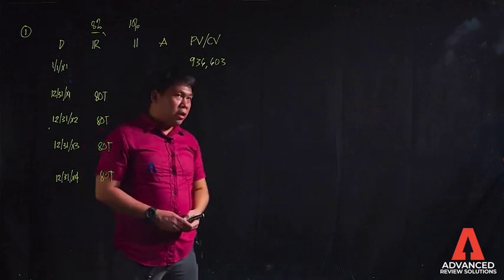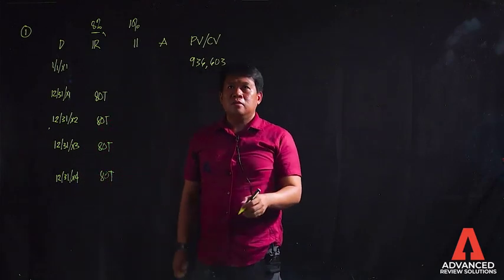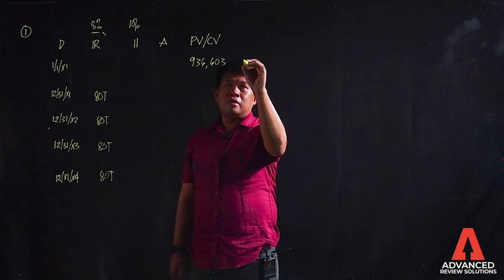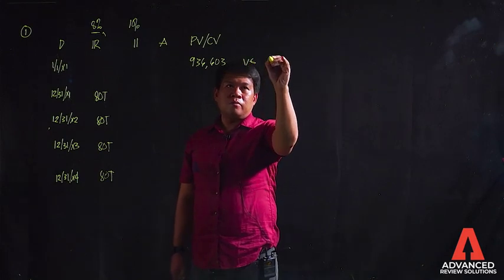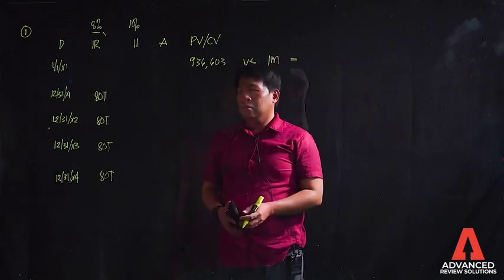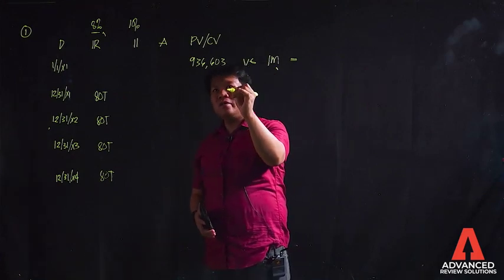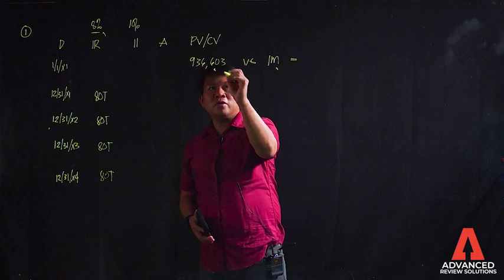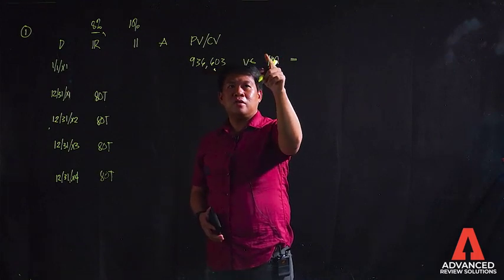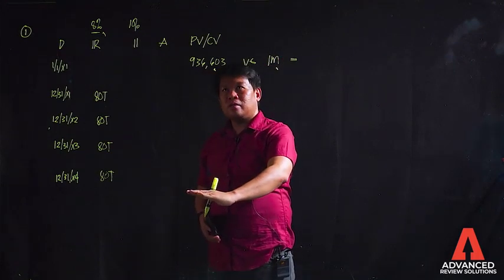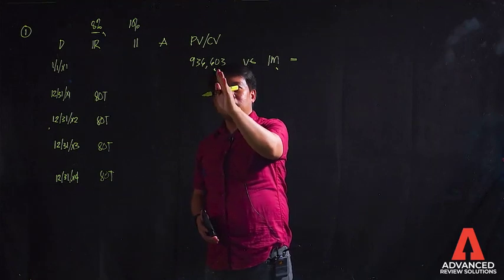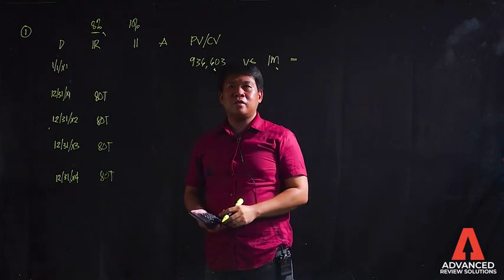So, the problem here is a discount, because you will compare this to 1 million. Since the face amount is higher than the present value, this is what you will receive at maturity of the bonds. You only got it for 936,603, which means you acquired it at a discount.